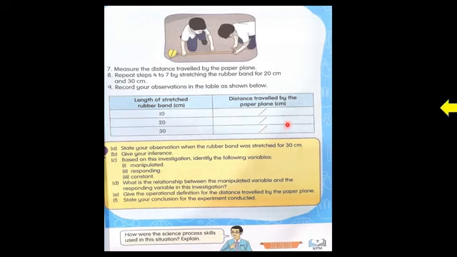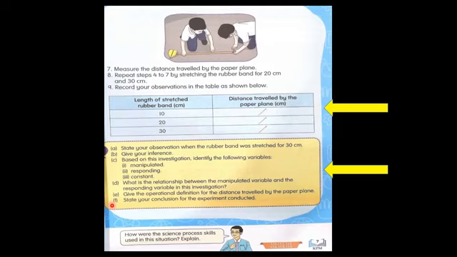So I want you to draw this table in your exercise book, and fill in the distance traveled by the paper plane in centimeters, as well as answer the questions given from A to F. Read the questions carefully, look back into the investigation and the results, and answer the questions properly.